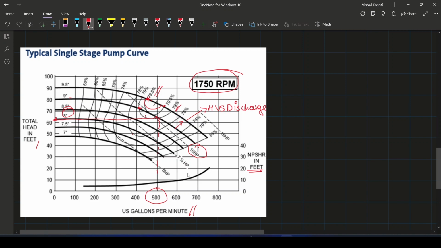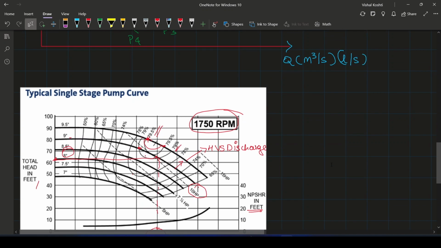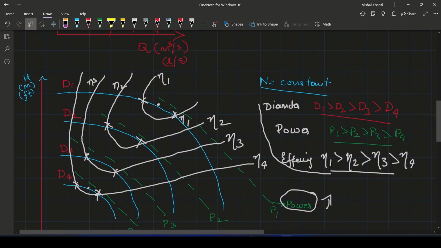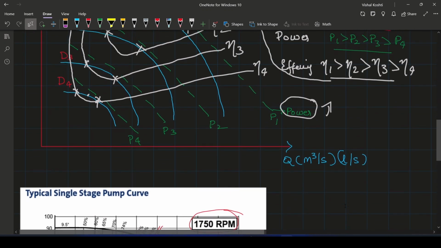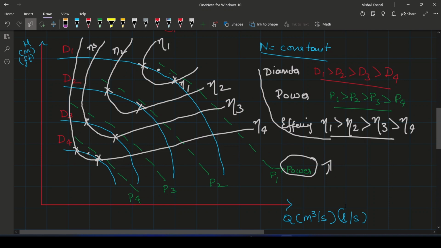Always, as I told in the graph, suppose in this graph, I'll go for this one. Suppose I want a discharge of say 1000 meter cube per second.